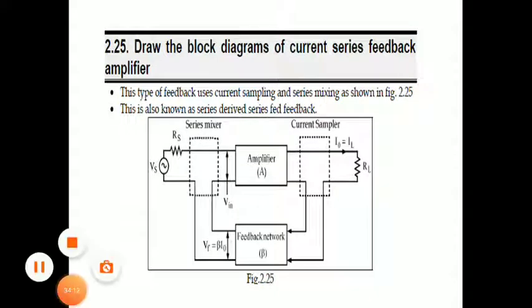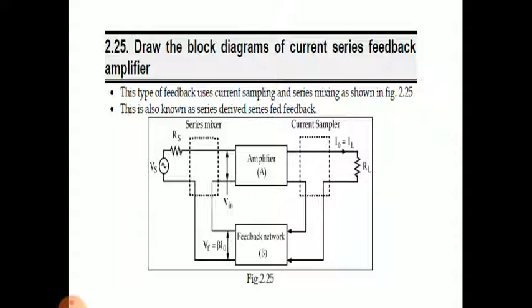Now see the next one: draw the block diagram of current series feedback amplifier. In this type, see the block diagram, we have the source and then series mixer and current sampler. Current is sampled in series.